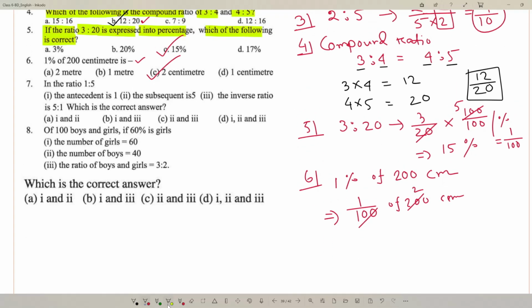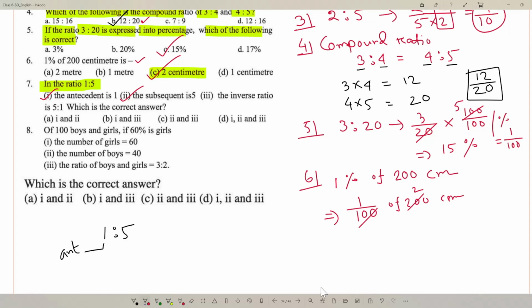Number 7, in the ratio 1:5. So what does 1:5 mean? The antecedent is 1. Look, 1:5, this one is the antecedent. It's true. So the first one is right. The subsequent is 5. This one is also true. The inverse ratio.